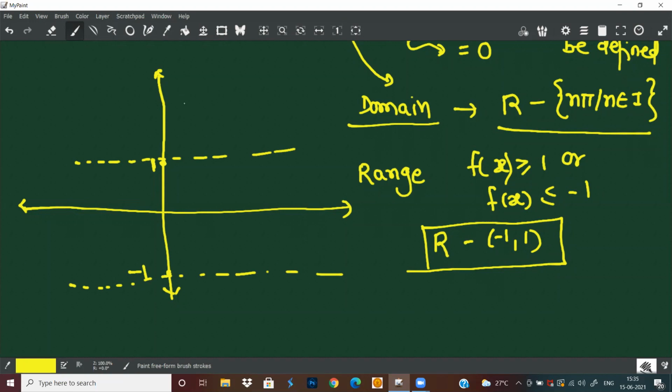You're getting it? It will pass through O. How? For which value cosec is 0? Bolo. For which value it will be 0?